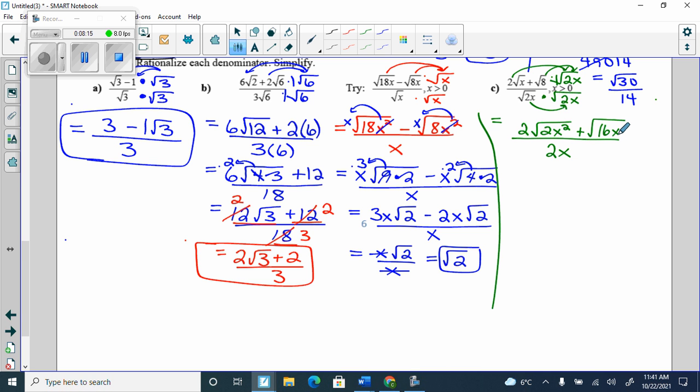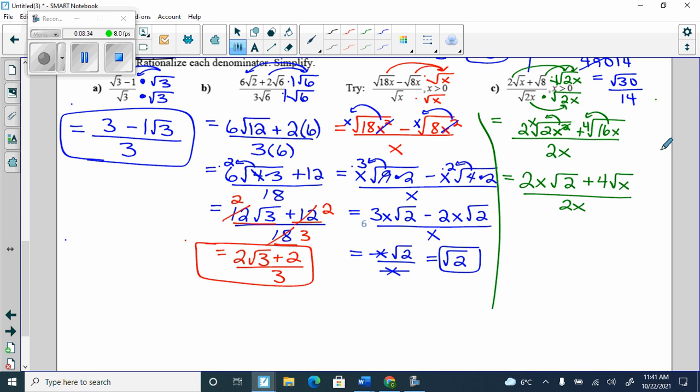Now this x squared can come out as an x. So now I have 2x root 2, and the 16 can come out as a what? 4. Plus 4 root x over 2x.